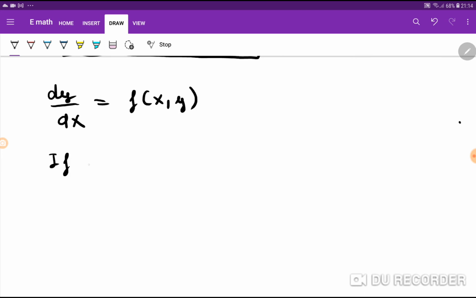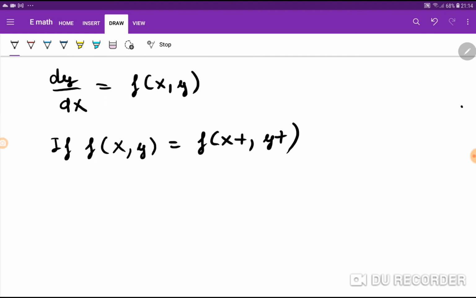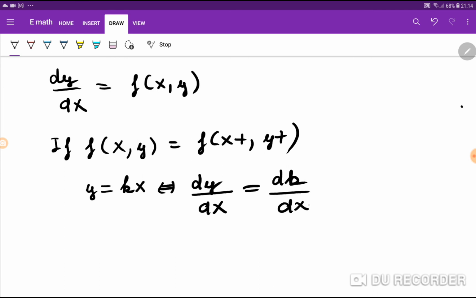If f(x, y) equals f(xt, yt), so what you're going to do is you set y equal to kx, and then you say, okay, dy over dx equals dk over dx times x plus k, right?